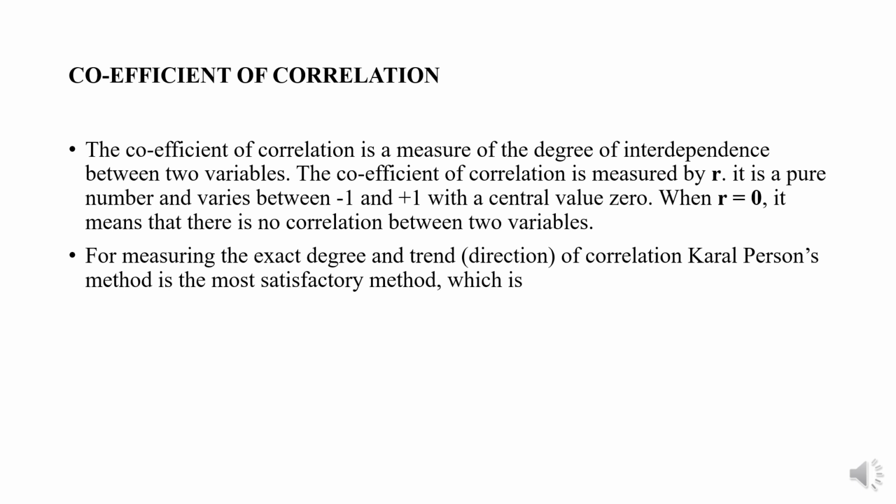For measuring the exact degree or direction of correlation, the Karl Pearson method is the most satisfactory method.